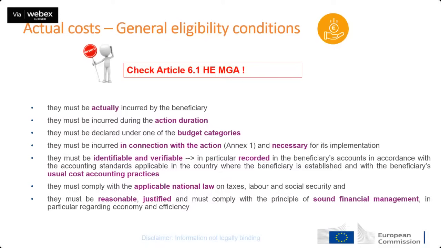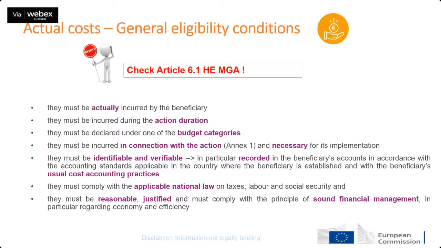So if you're setting up some sort of scheme to comply with the cost categories of Horizon Europe, but then you don't use it for other projects, then we don't consider that is your usual accounting practice. So it's a concept that is also very important in our grants.